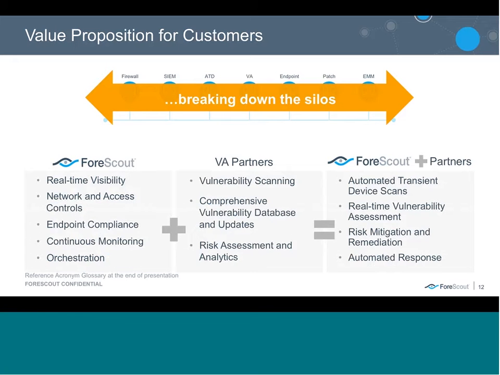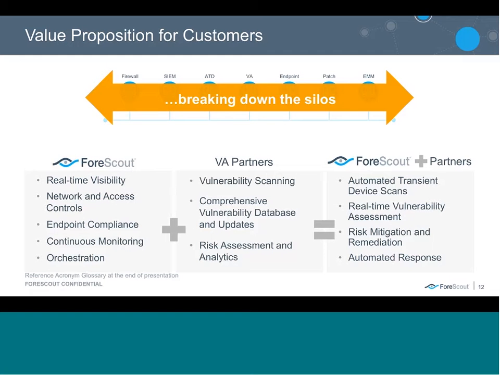So if we look at it from more of a holistic perspective, ForeScout provides visibility, compliance and continuous monitoring, so it knows what's on your network at any given point in time. VA does the scanning and maintains the database of the known vulnerabilities that are on that network.